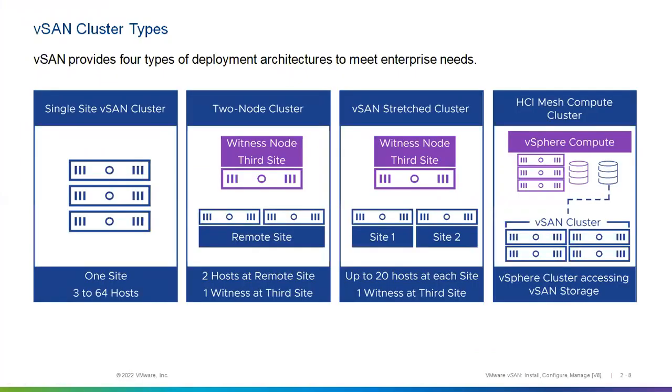So next, it is talking about the vSAN cluster type. When we say vSAN cluster, first of all, let's understand what a vSAN cluster actually is. I hope you are familiar with the vSphere cluster. So what is a vSphere cluster?